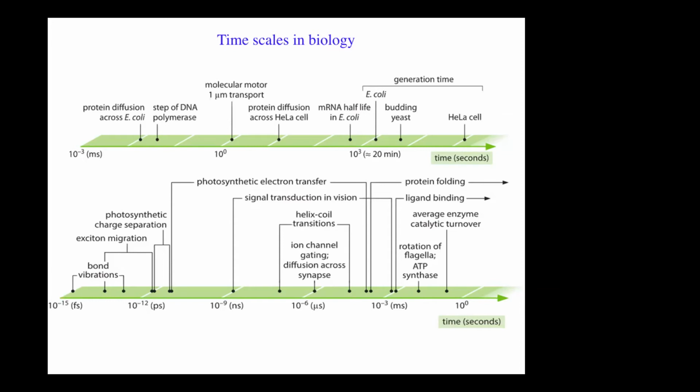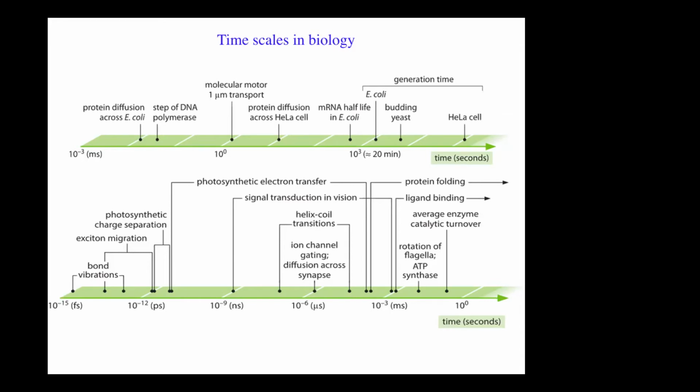And then there are things that are really relevant to a lot of protein chemistry and a lot of cell biology, right in the middle in this microsecond time scale. A microsecond is about the time that a reasonable sized piece of alpha helix takes to transform into a random coil.